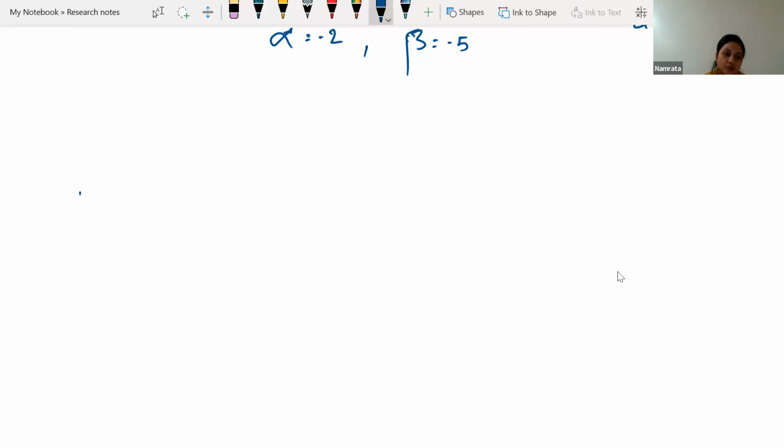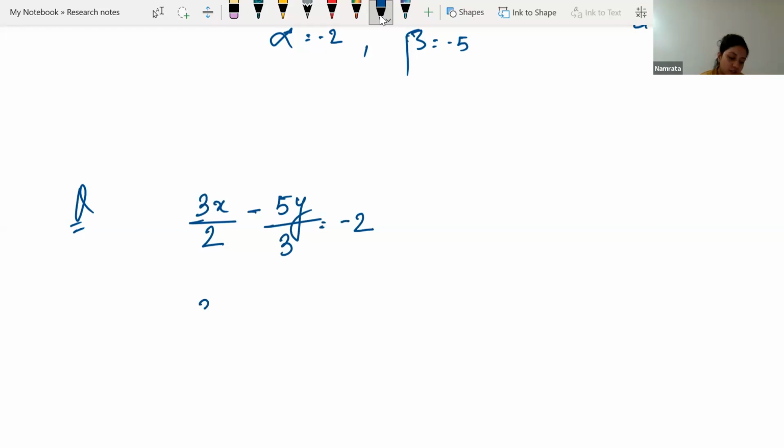Okay, let's say we are having one of the questions where the equations are in such a way that 3x over 2 minus 5y by 3 is equal to negative 2.